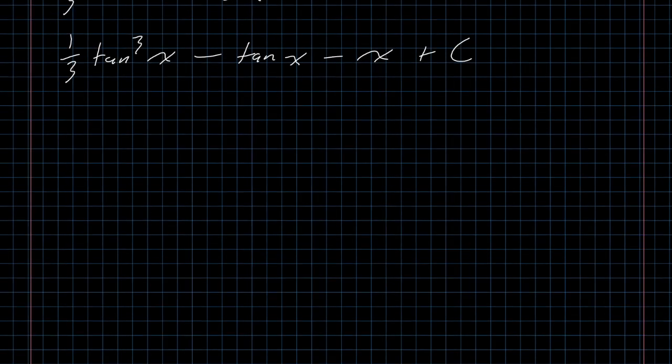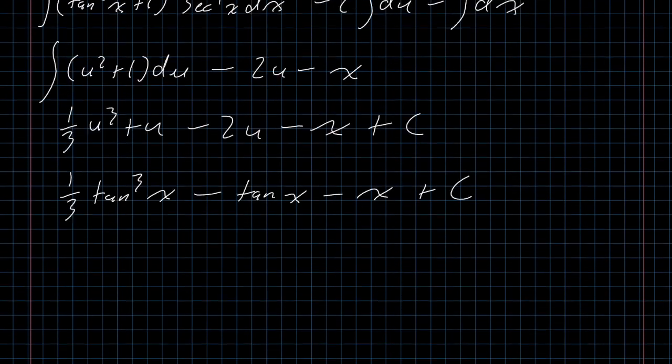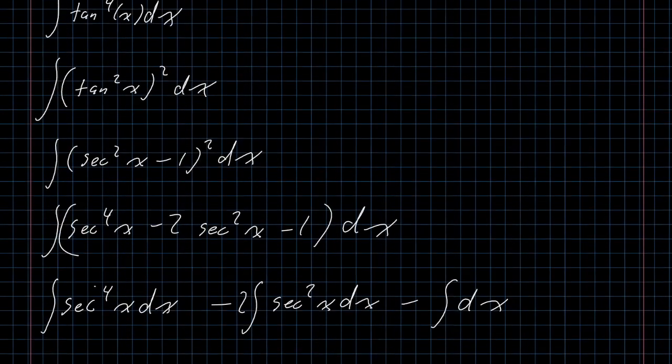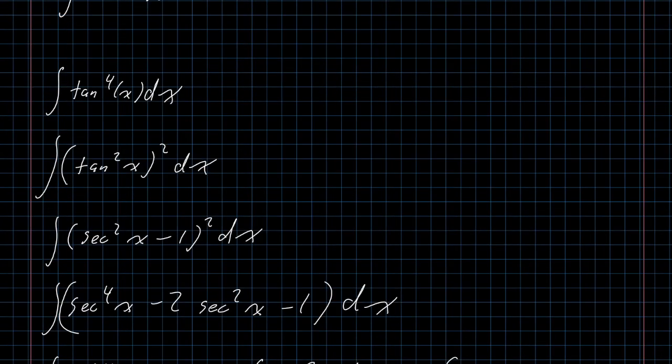I think I had said that that was going to be the last example, and it is, but I'm going to go through that same example again. If I come back up to where I wrote it down in the first place, this was tangent to the fourth of x.